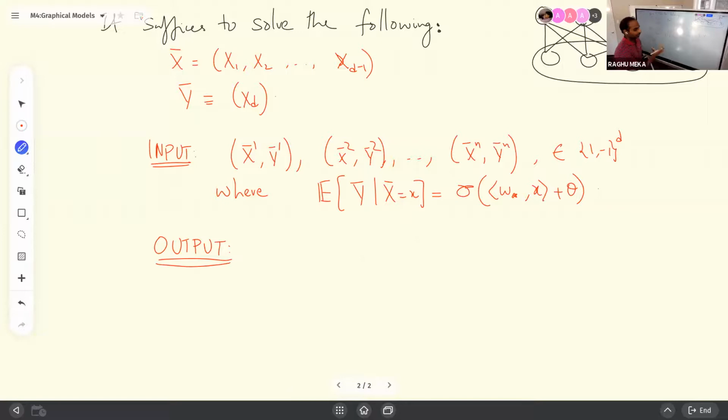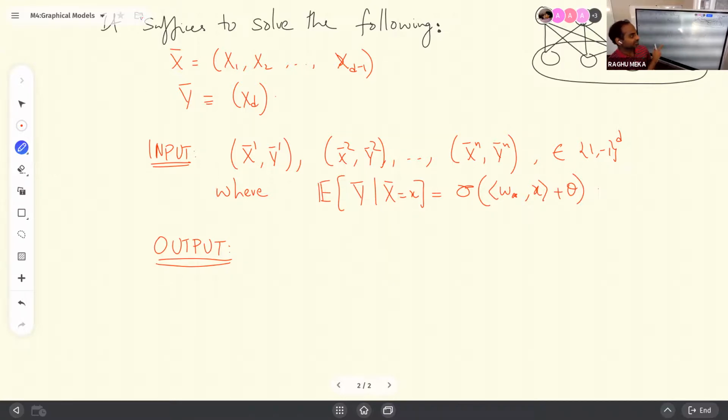So what should our goal be? Any guesses? Produce W, which is close to W star. Yes. Ideally, we'd like to say produce W which is close to W star, because that would solve our problem.